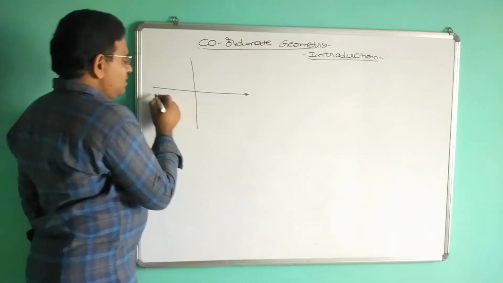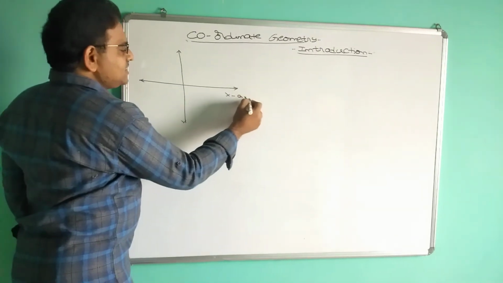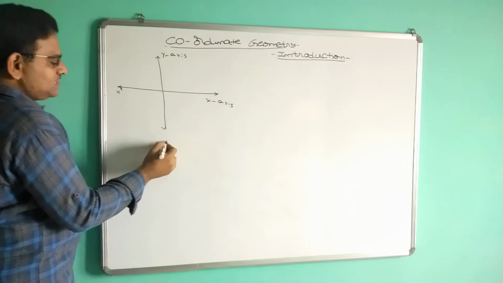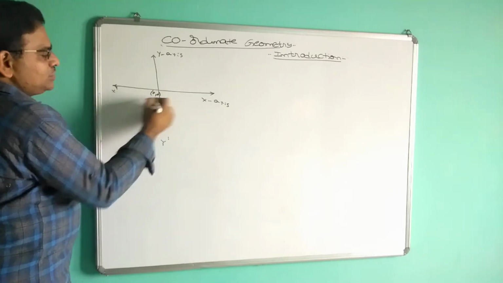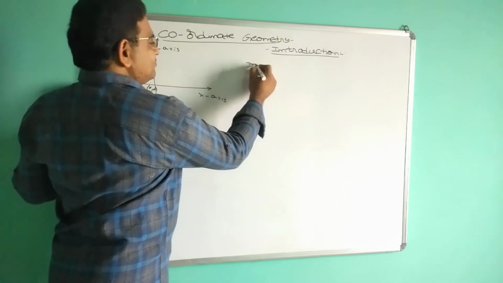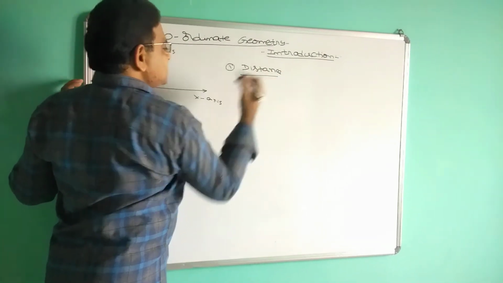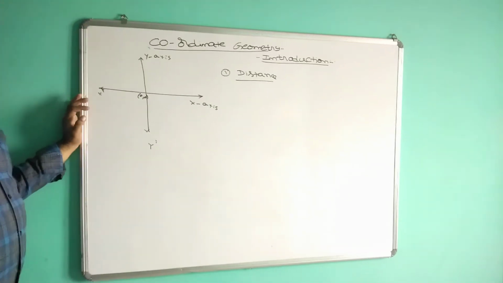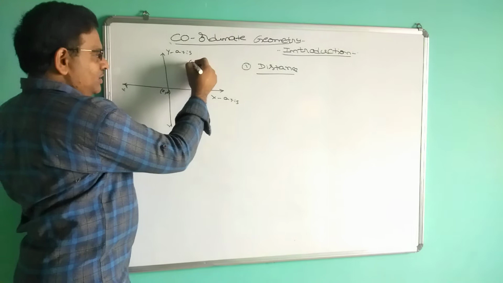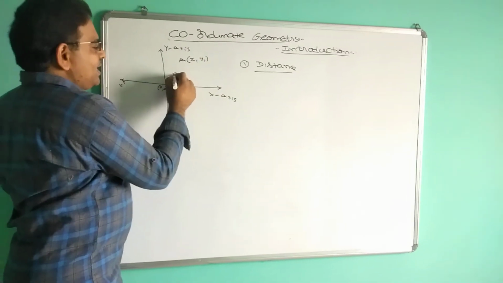Now we discuss some formulae. This is x-axis, y-axis, x dash, y dash. It is (0, 0). Now, formula number 1 is distance. You already know this from 10th standard. The points are denoted as A(x1, y1), B(x2, y2).